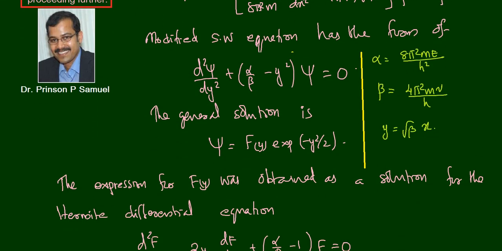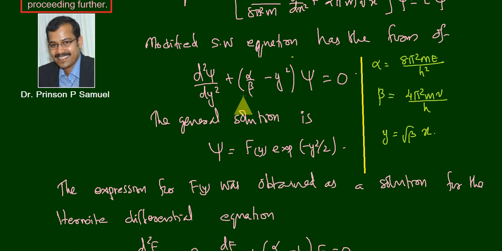The general solution for this equation is psi equals f of y exponential minus y square by 2. Here f of y is a term which was introduced without knowing the expression itself, and the expression for f of y was obtained as a solution for the Hermite differential equation.